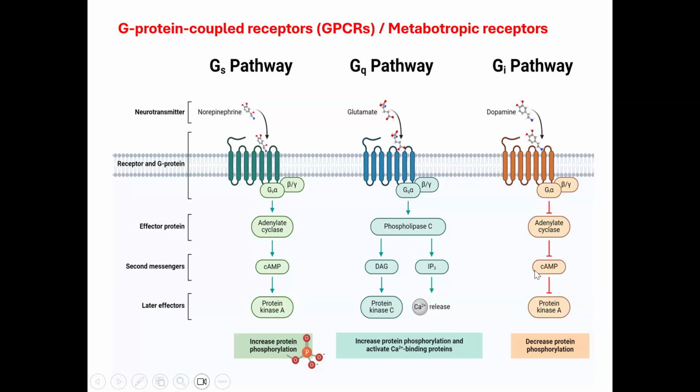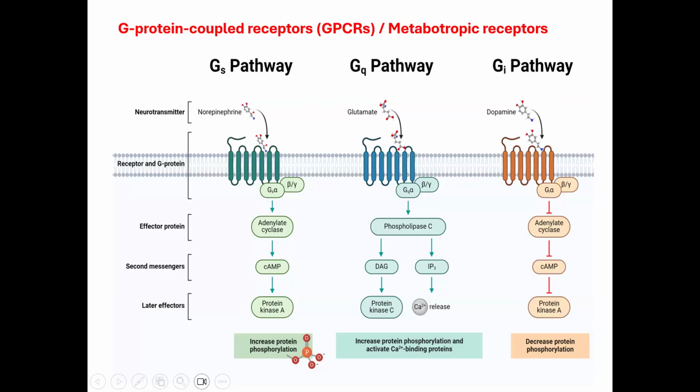Yet here at a Gs, we are going to see an increase in cyclic AMP. I don't know whether my cursor is being seen very well. It is clear, Doctor. Yes, we are able to see the cursor. Yes, please.